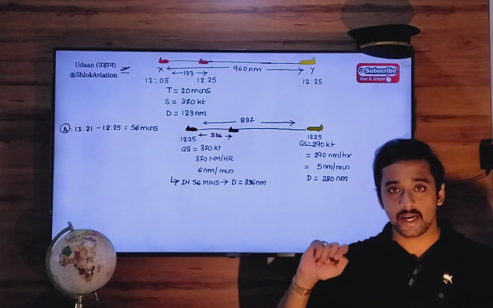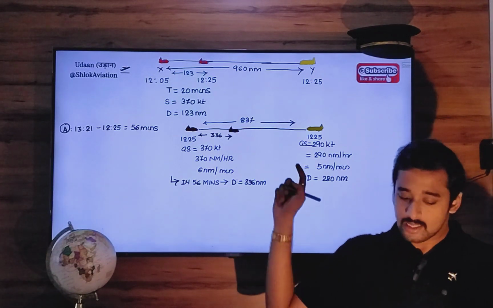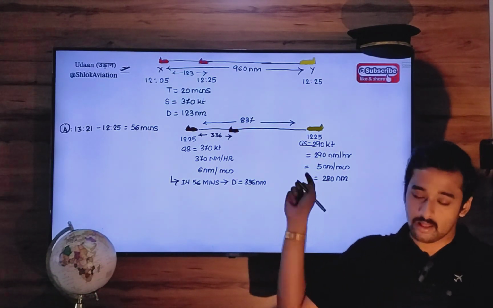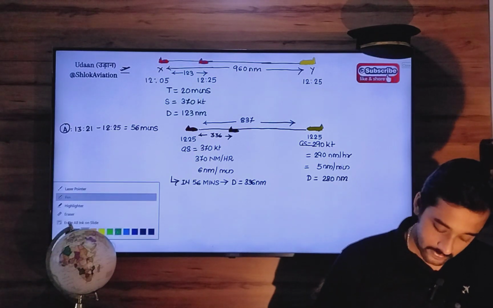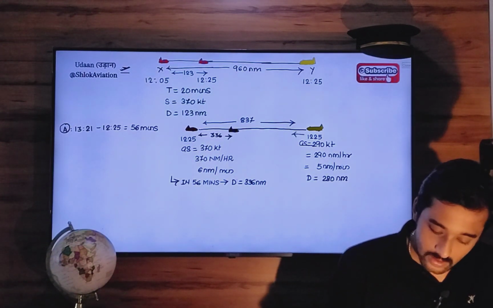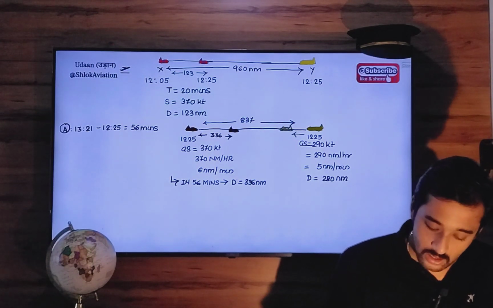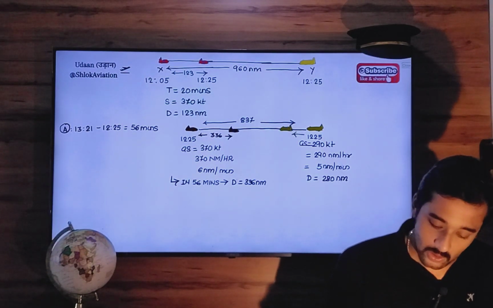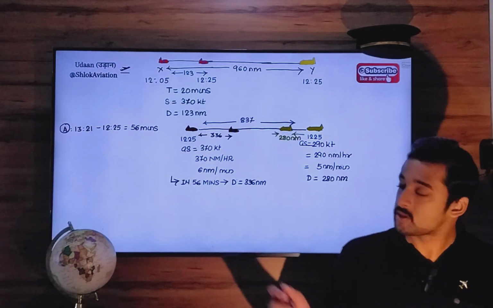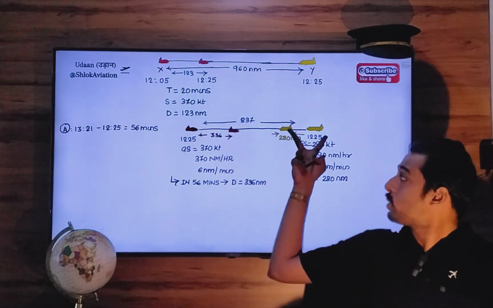Out of that 501 nautical miles, the distance covered by the second aircraft is 280 nautical miles. So beginning from here, this aircraft will have traveled this much, 280 nautical miles. 336 nautical miles, 280 nautical miles.